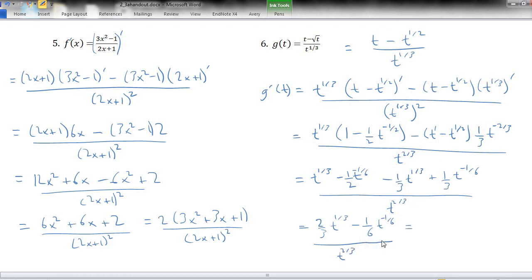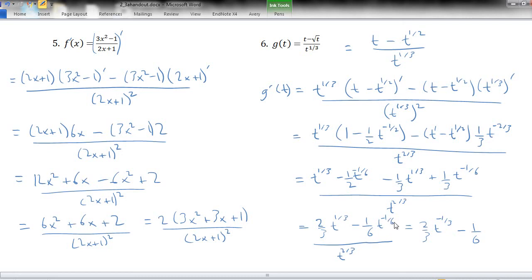And finally, if I take this term and divide it by t to the 2/3, it gives you an exponent of 1/3 minus 2/3. So this is 2/3 times t to the negative 1/3, and then minus 1/6 t to the negative 1/6 minus 2/3.